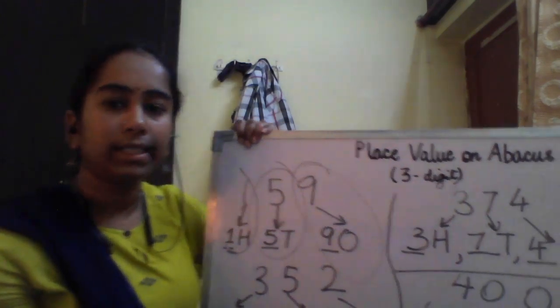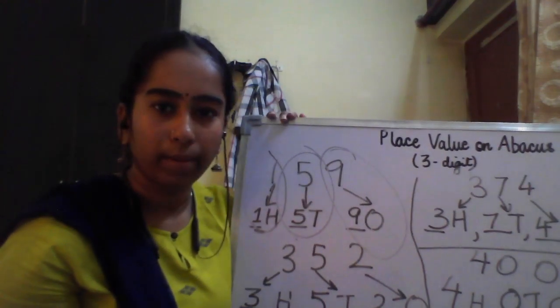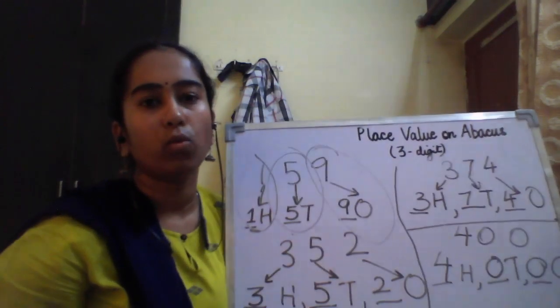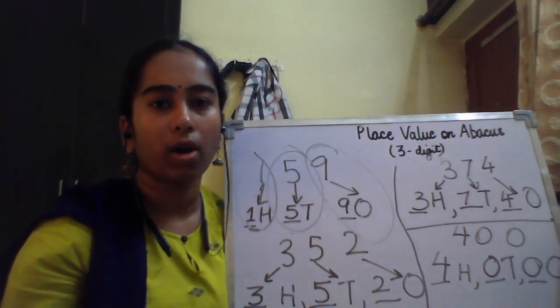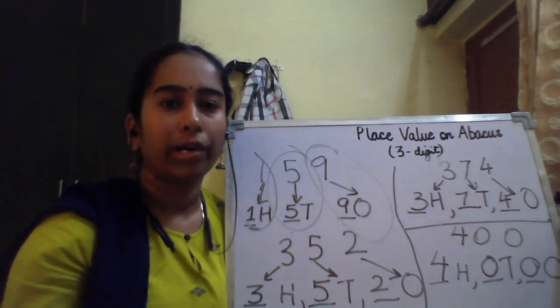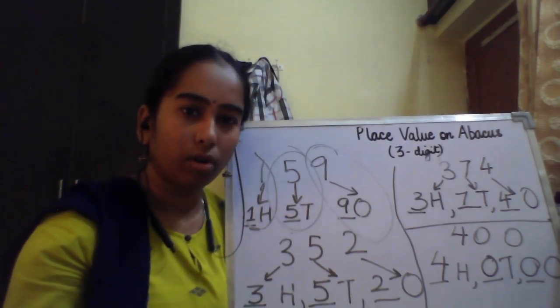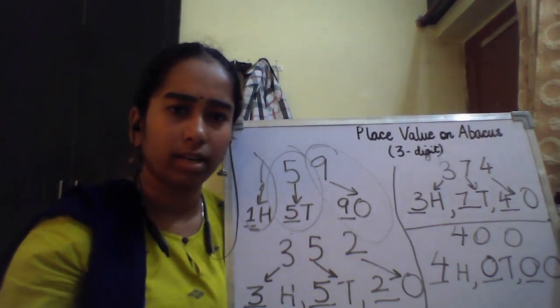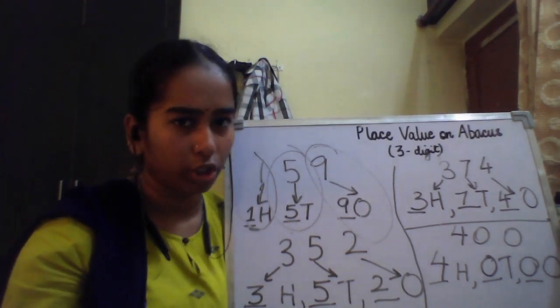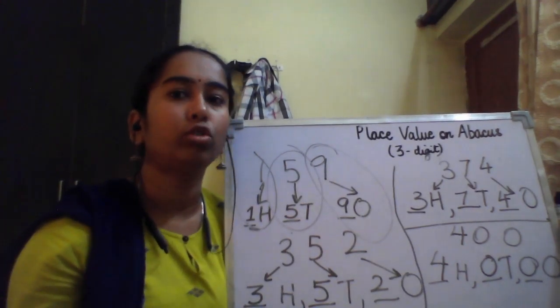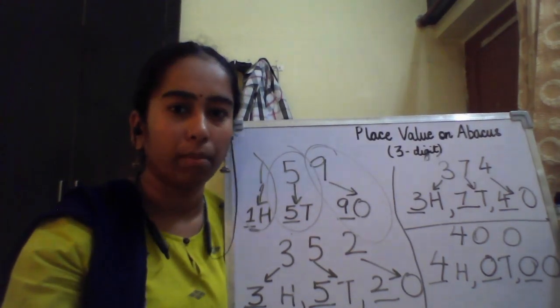I hope this is clear to you all. Ma'am will give one worksheet of place value on abacus today. You do it on your own. Try it on your own. That is going to be a very simple worksheet, because I guess you all have understood the abacus on 3-digit numbers.